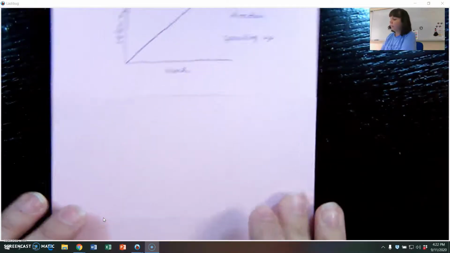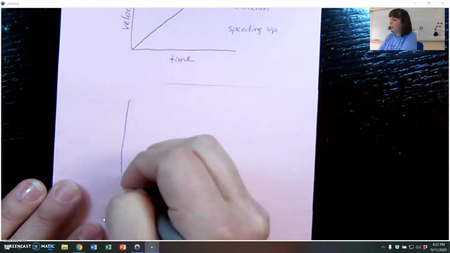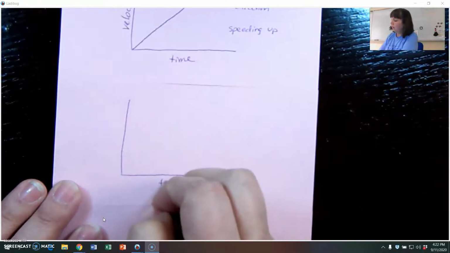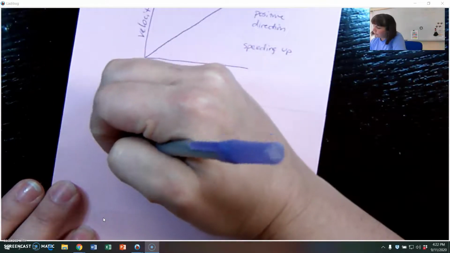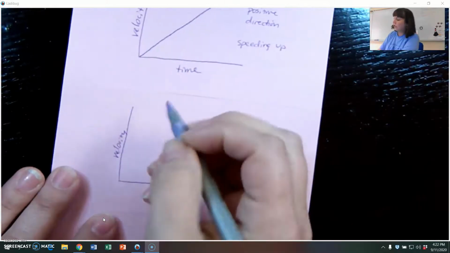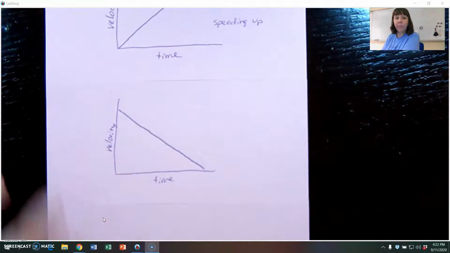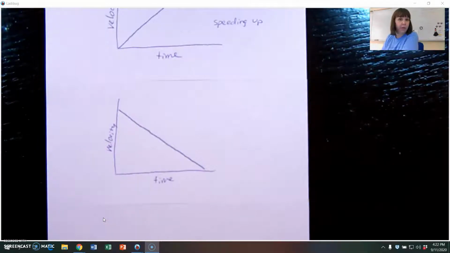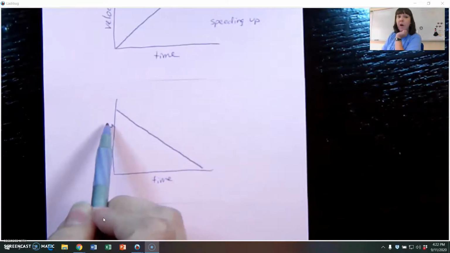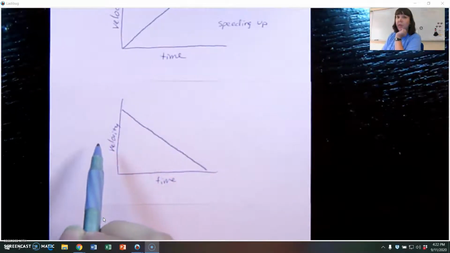Okay. We're going to make one that shows a negative slope. Now the big question, are we going in a positive direction or a negative direction? Forwards or backwards? Aha! We still have a positive velocity.